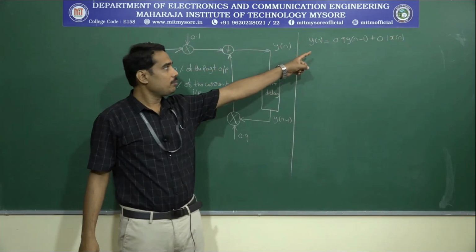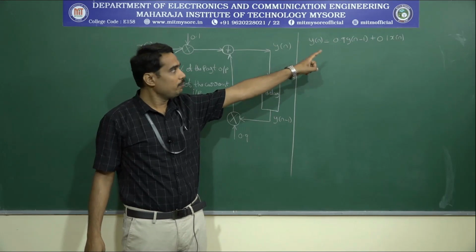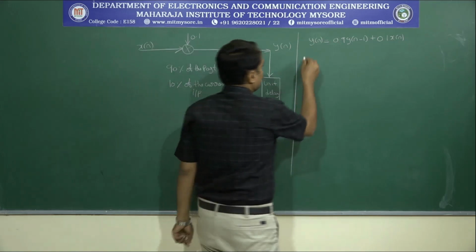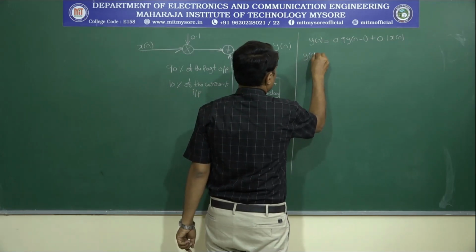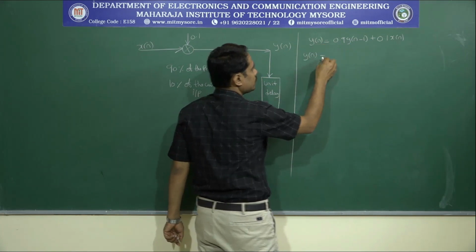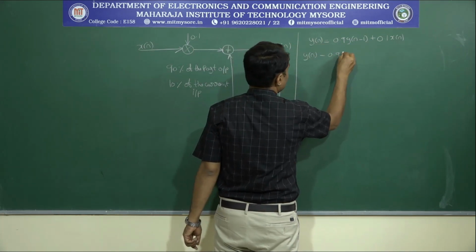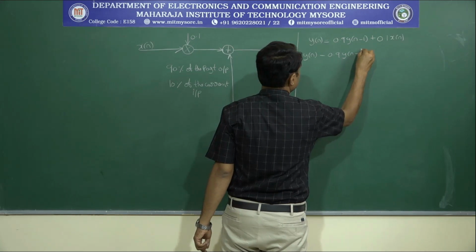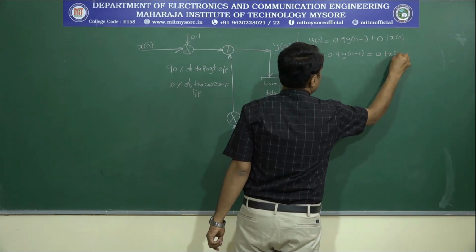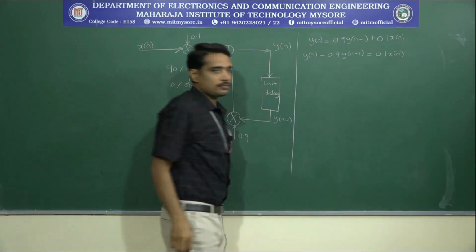Output is related to 0.9 y of n minus 1 plus 0.1 into x of n. Then shifting this value to the LHS, we get y of n minus 0.9 y of n minus 1 equal to 0.1 into x of n.